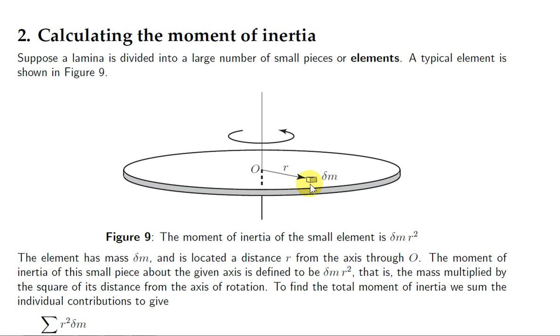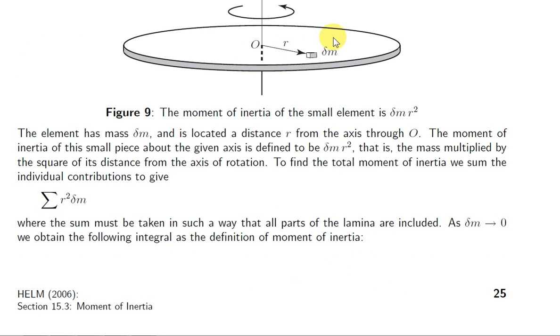So to get an approximation to the total moment of inertia, we sum the individual contributions of each mass element. So we do this for all the mass elements that make up this lamina, and we have an approximation then to the moment of inertia of this lamina. The approximation becomes exact as delta m goes to 0.